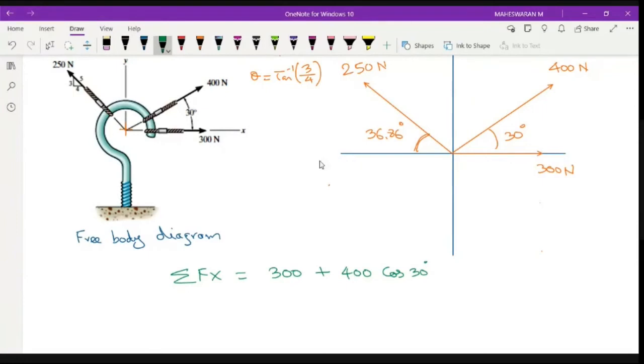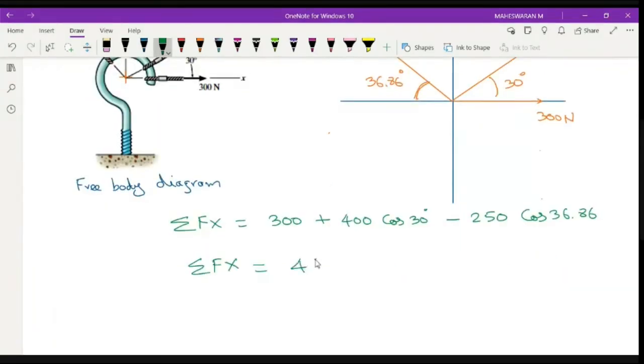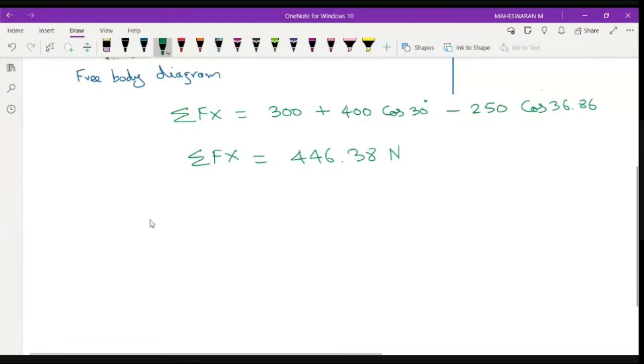It is the negative x-axis, and again your angle is decreasing. It is cos. So minus 250 cos 36.86. I am getting it in one step. So what is your sigma Fx? 446.38 Newton.